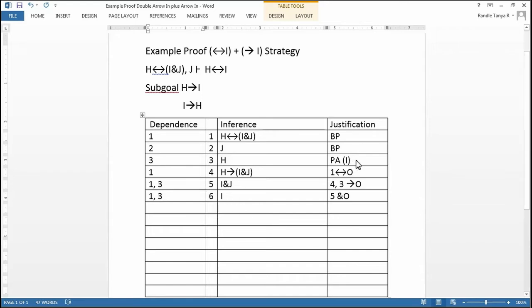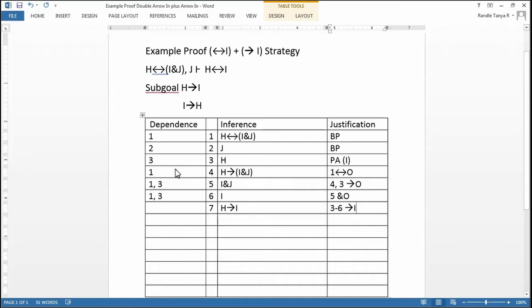Okay, now I have this subgoal, right? So that means that I can now use arrow in rule. So H arrow I, and that was from my provisional assumption on line 3, and the whole line of reasoning that got me to line 6, 3 through 6, arrow in.